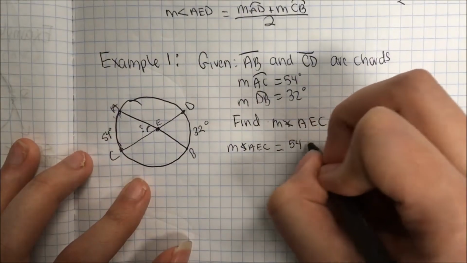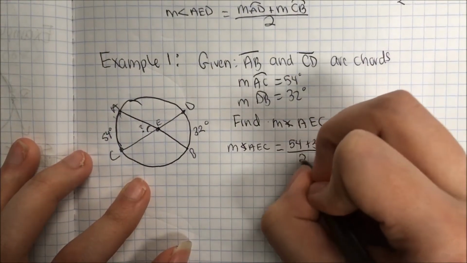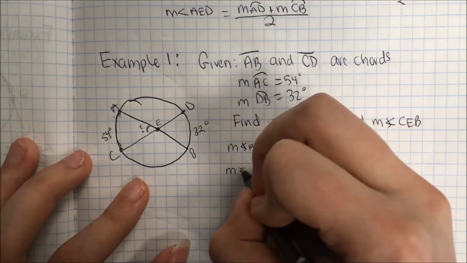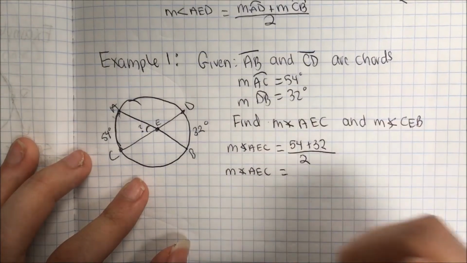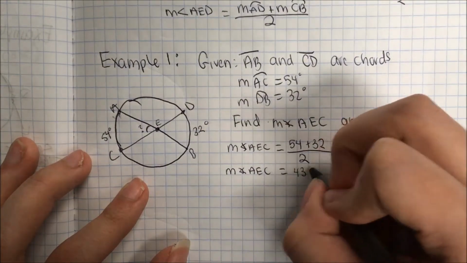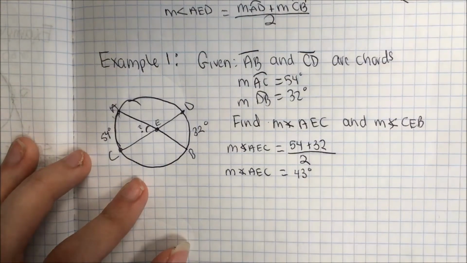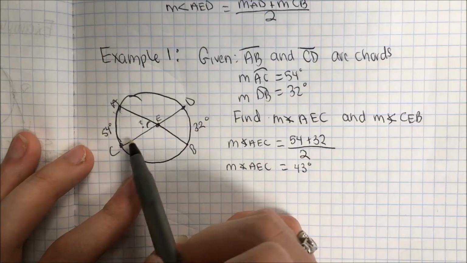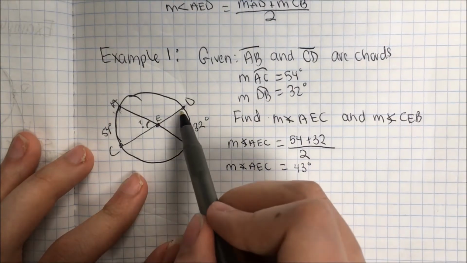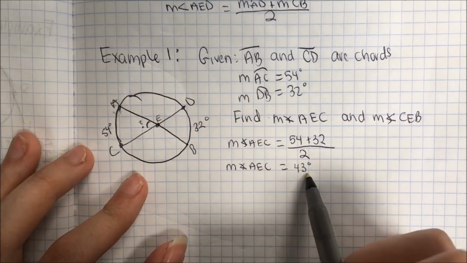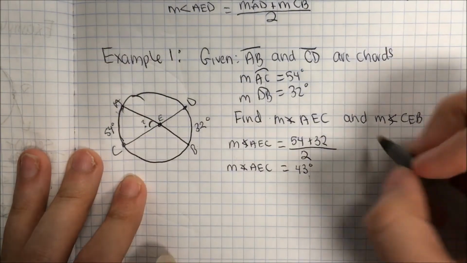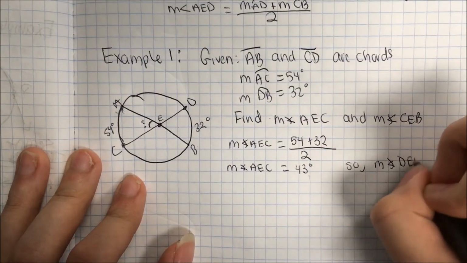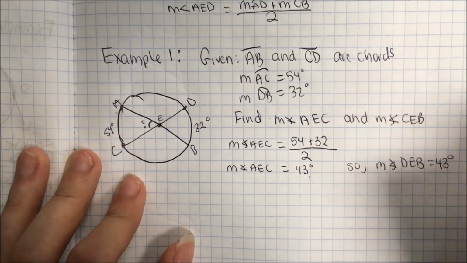So we take 54 plus 32 divided by 2, and we get the measure of angle AEC is 43 degrees. So if measure of AEC is 43 degrees, then that also means that the measure of DEB is 43, and that's because they are vertical angles. So measure of angle DEB is also 43 degrees.